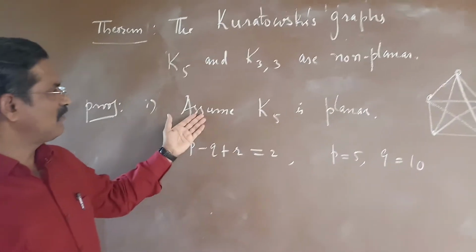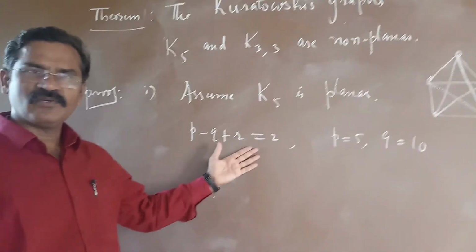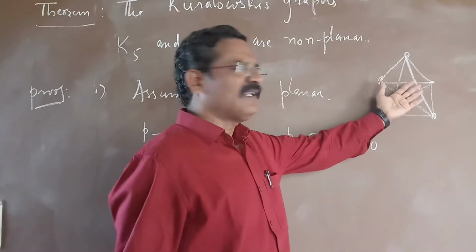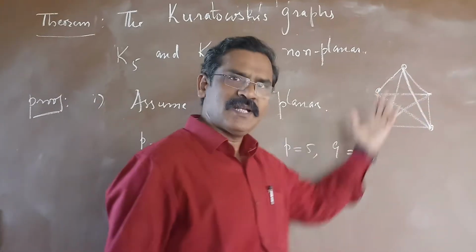So, as we assume K5 is planar, by Euler's theorem this has to satisfy. But if you draw this one, it is highly impossible to consider this as a planar graph.